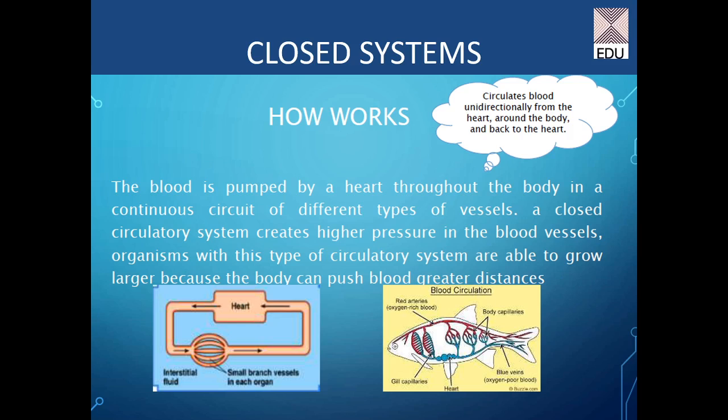Secondly, if the body of the animal is quite large in size, just think about a whale swimming in the ocean. The heart in fishes is somewhat ventral in position. As you can see in this second diagram, in a fish, this is the position of the heart.